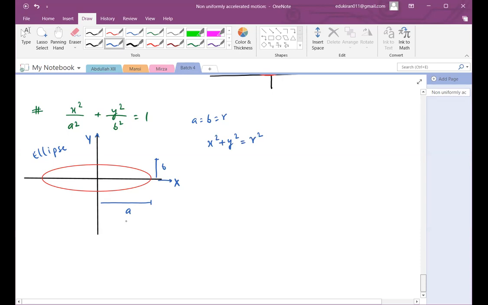It means if A and B become equal, this will be termed as a circle, like this.